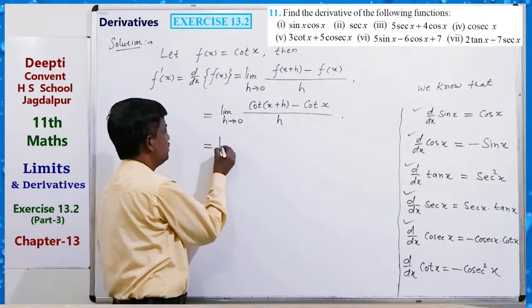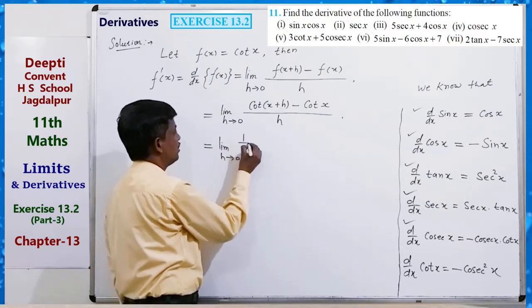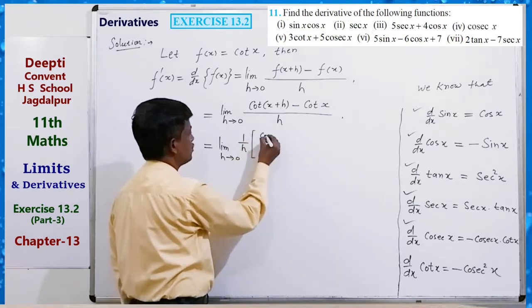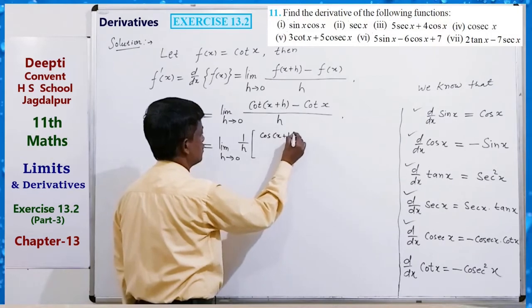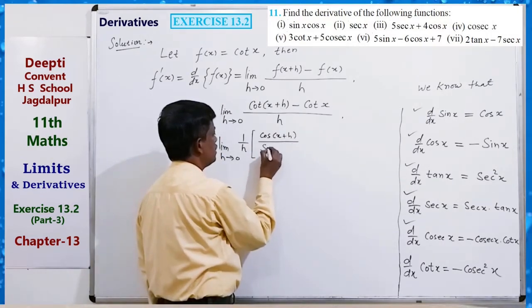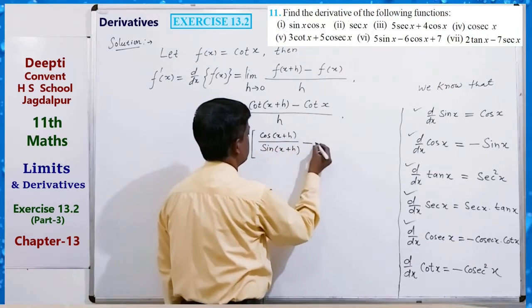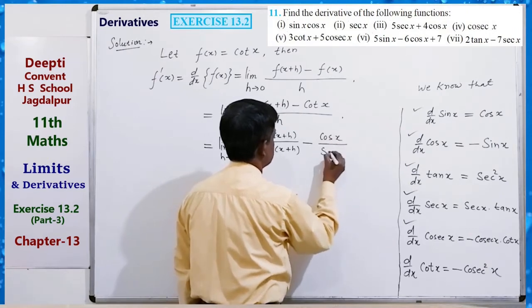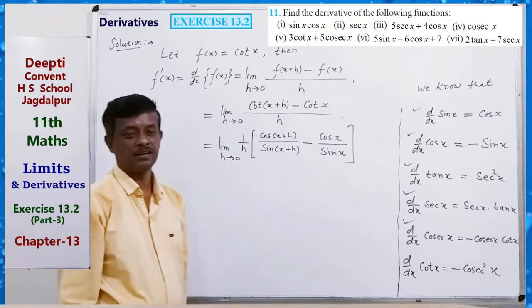So limit h tending to 0, 1 by h is here, and now cot means cos(x plus h) upon sin(x plus h) minus cos x upon sin x. Okay, now take LCM.